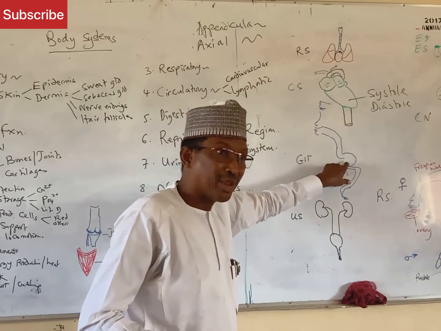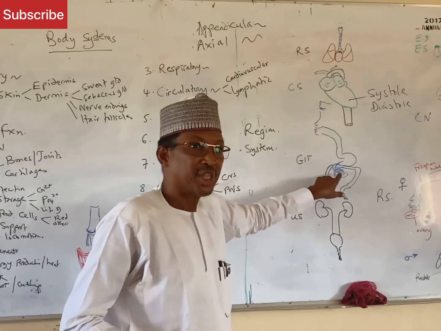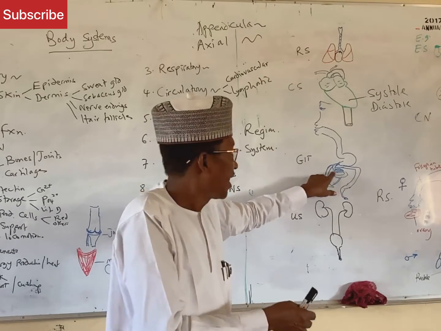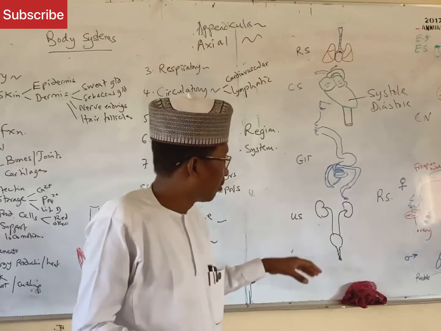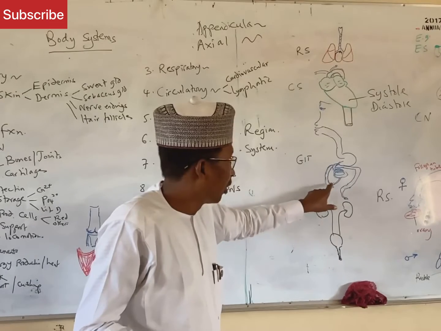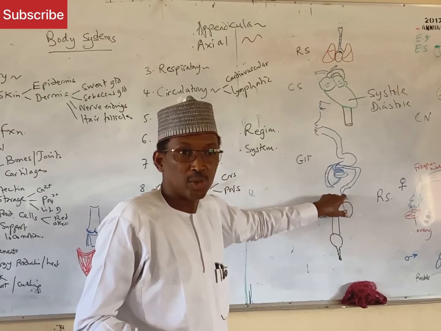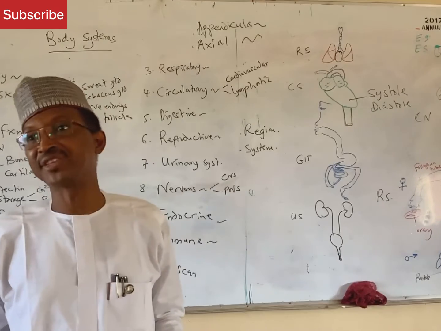It will grind the food, and then the liquid form of the food will pass through the small intestine, so it will get absorbed from there. And then after absorption, the food will go into different parts of the body. The waste will be taken through the large intestine, and gets stored in the large intestine before it is finally passed out as feces.